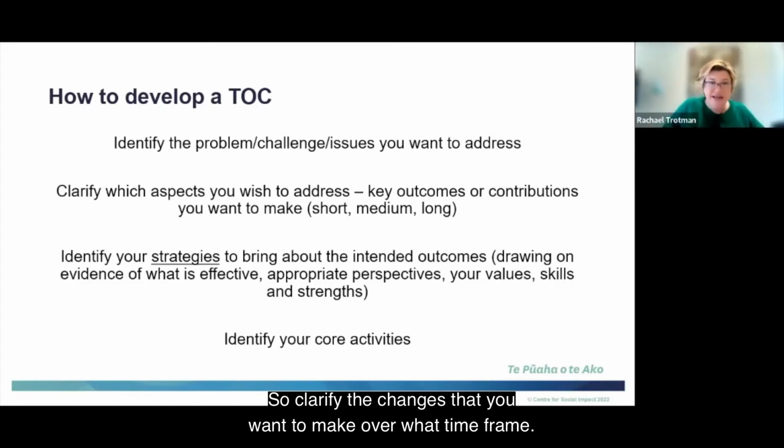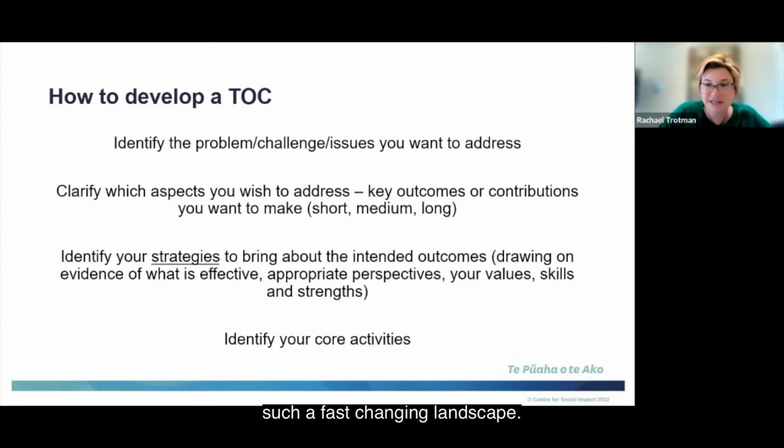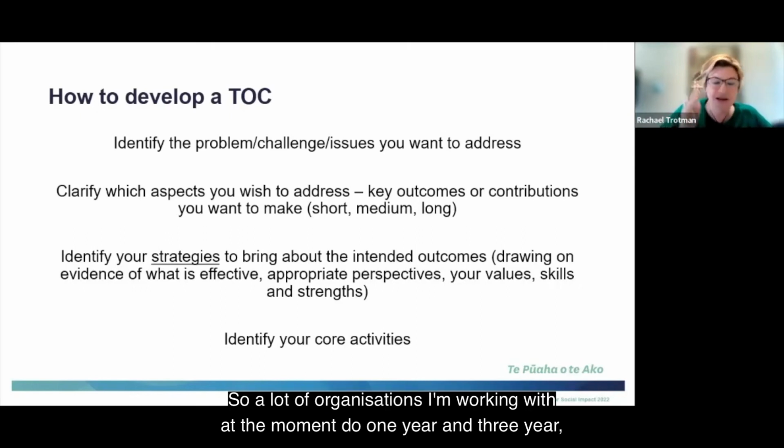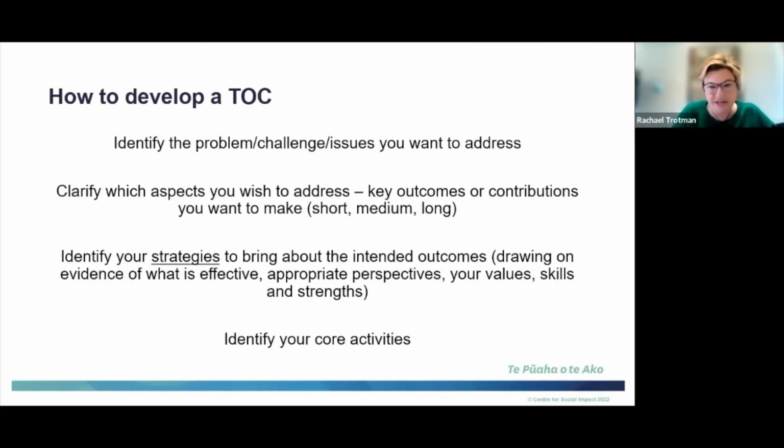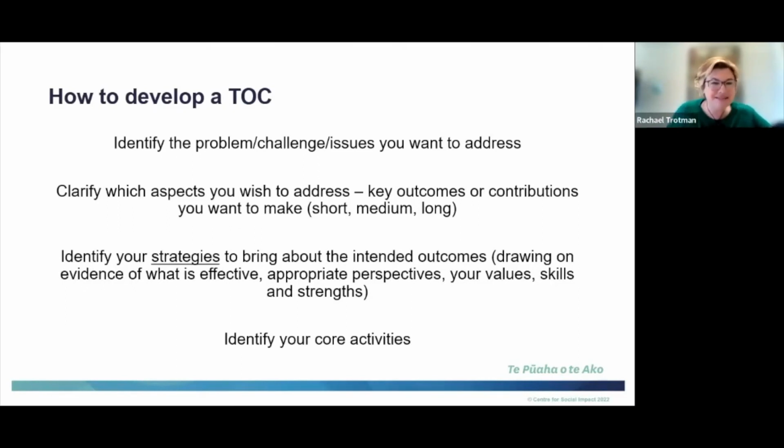So clarify the changes that you want to make over what time frame. I think a lot of people are struggling with long time frames at the moment because we're living in such a fast changing landscape. So a lot of organisations I'm working with at the moment do 1 year and 3 year, because literally that's as far as they can see in their spaces.